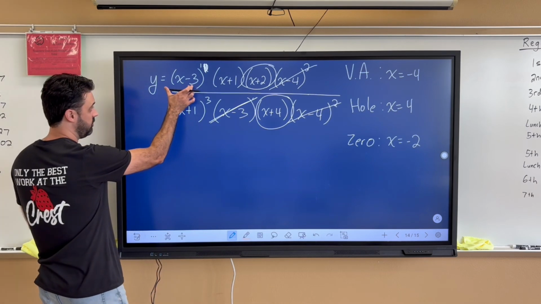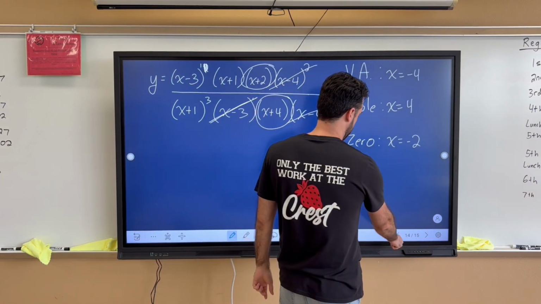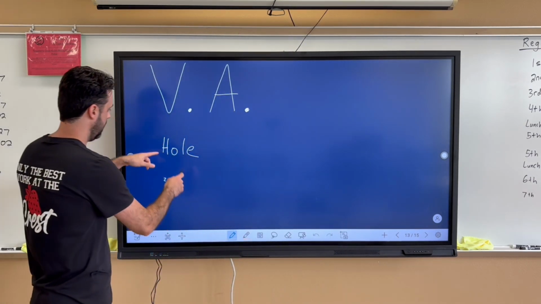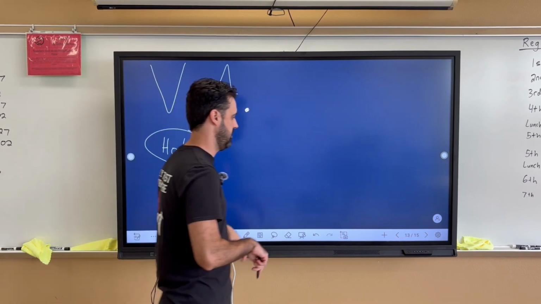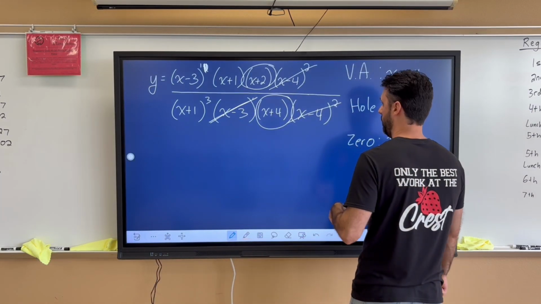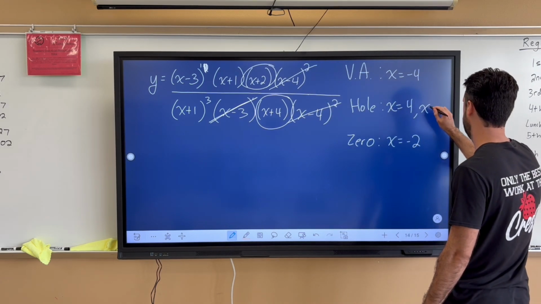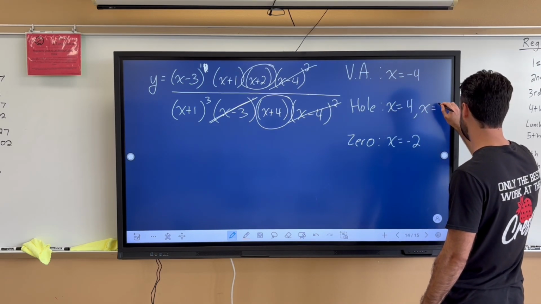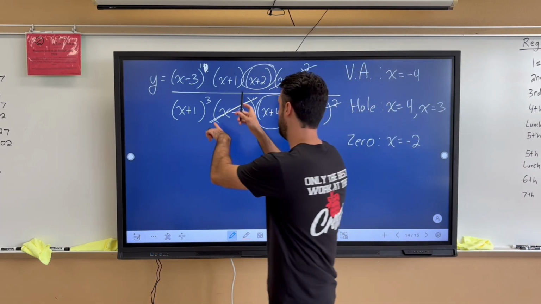And it's left in the numerator, which would typically be a 0. So we're looking at, is it a hole or is it a 0? Well, if it's between these two, that's our answer right there. So x minus 3 is going to be a hole. So x equals 3 is the x coordinate.